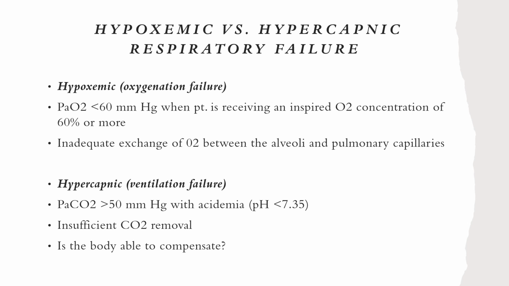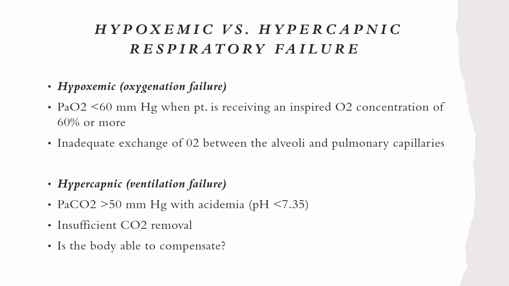On the other side, we have more of a ventilation failure. This is hypercapnic respiratory failure. This is more of a mechanical issue. This is when your ABG is going to read a PaCO2 of 50 or more. The patient is also going to be acidic, with a pH less than 7.35.